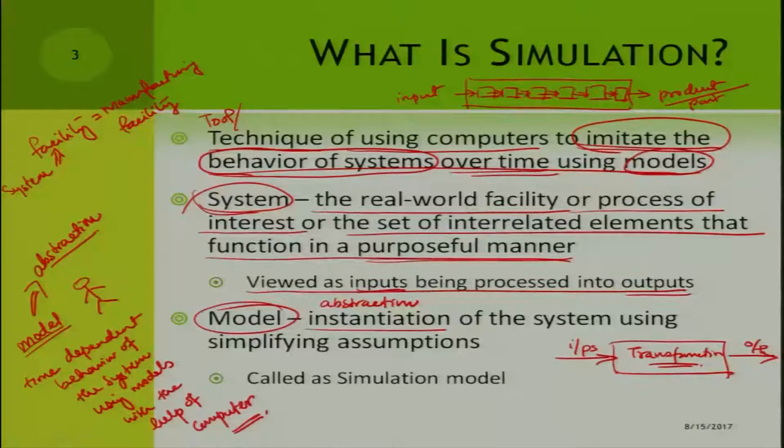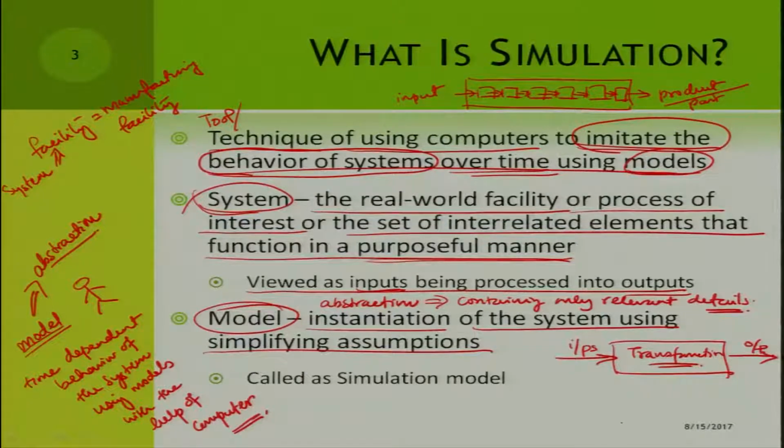So, when you say an instantiation or abstraction, it means containing only relevant details, you only focus on the details that are relevant to you for the study, the relevant details of the system using simplifying assumptions.